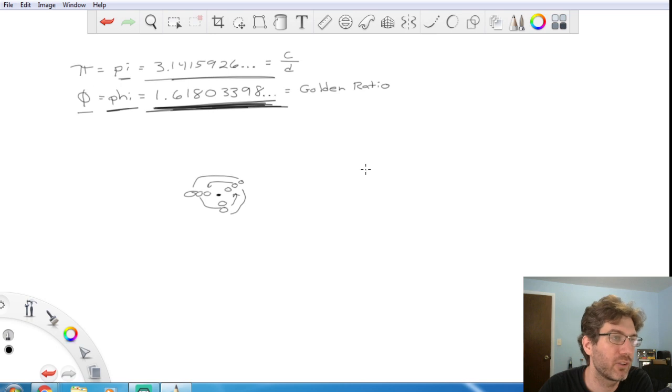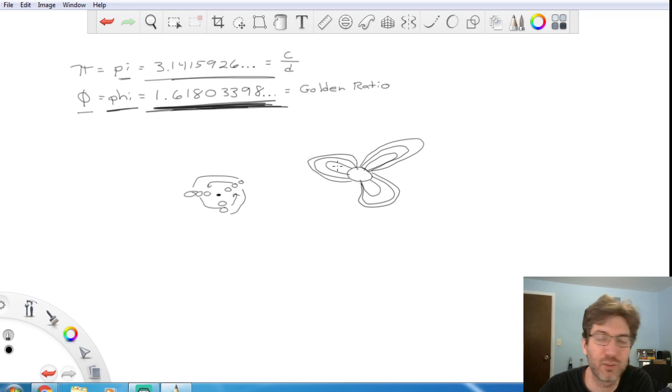Your flower is going to grow like this, and then your next petal would be underneath it. And we don't have flowers that look like this. This is not how flowers grow, so to speak. So flowers don't go with a ratio of 1 to 3.